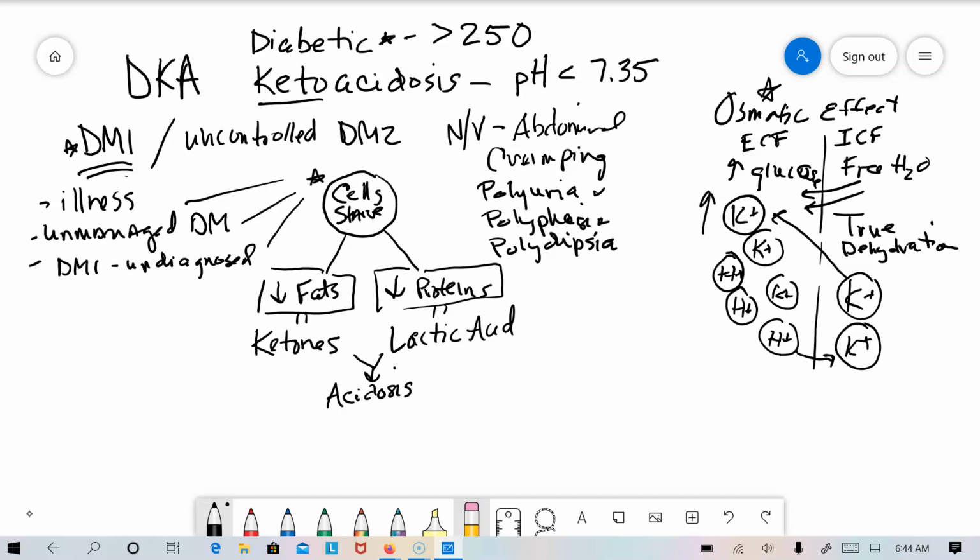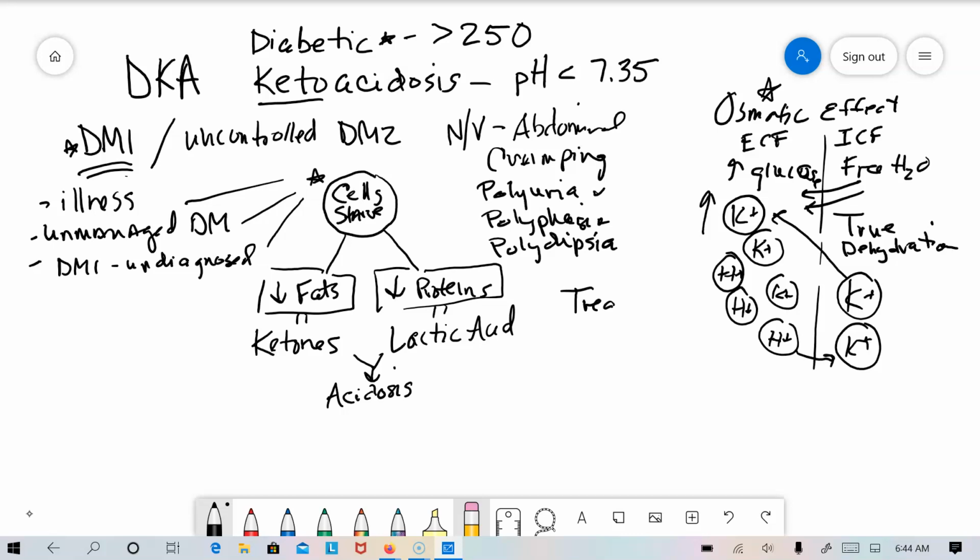So depending at what point you see a patient present, they may have hyperkalemia or they may have hypokalemia. Regardless, you need to watch their potassium. They do have some other electrolyte losses, but potassium is one that you need to focus on, especially once we get to treatment.